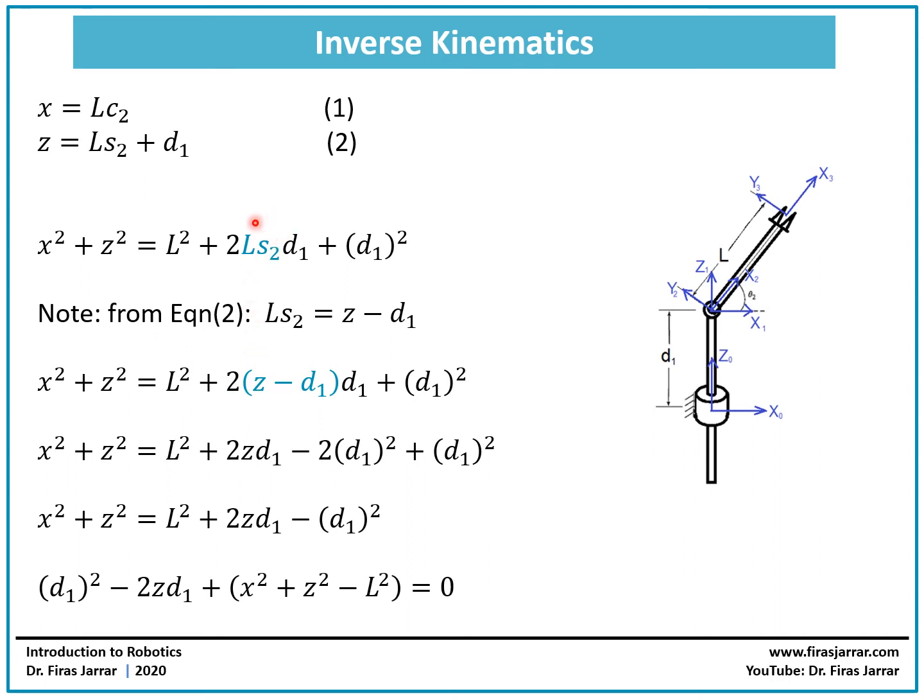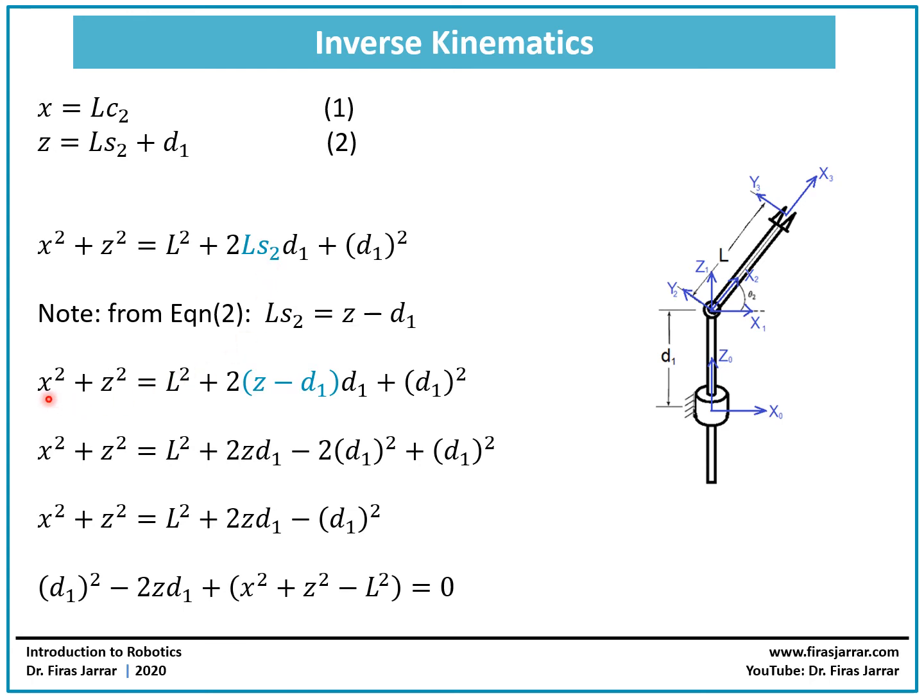And we can notice that L sine theta 2 appears in the second equation. So then it's possible to rewrite the second equation as L sine theta 2 is equal to Z minus D1, and substitute the value for L sine theta 2 into this equation.